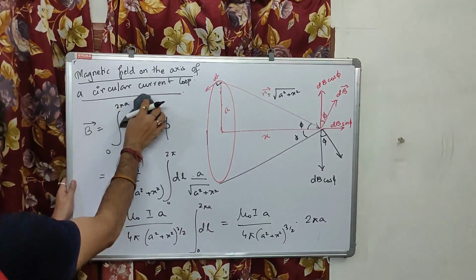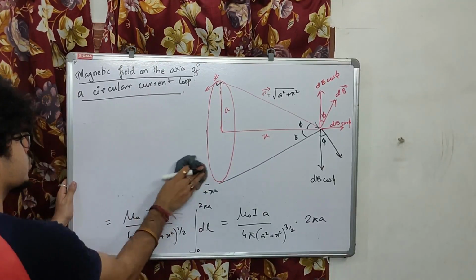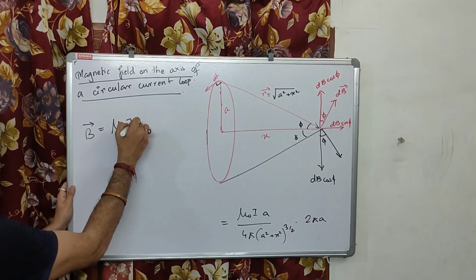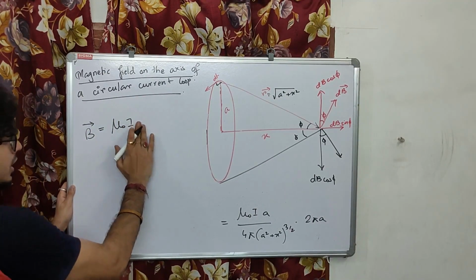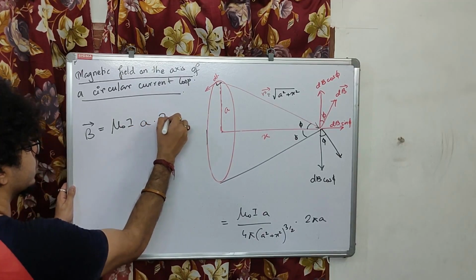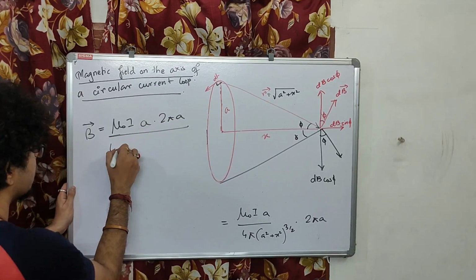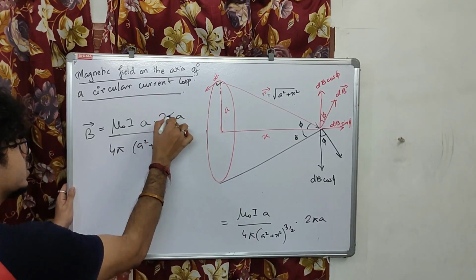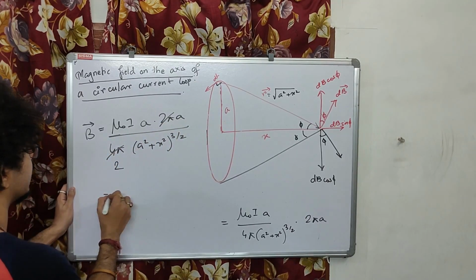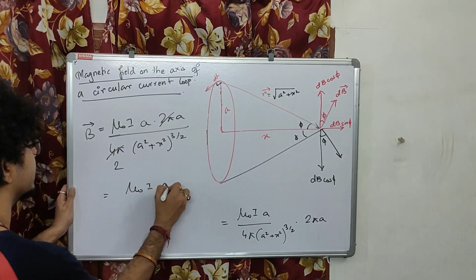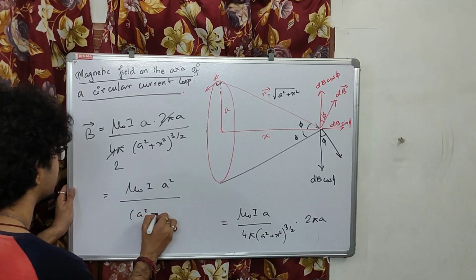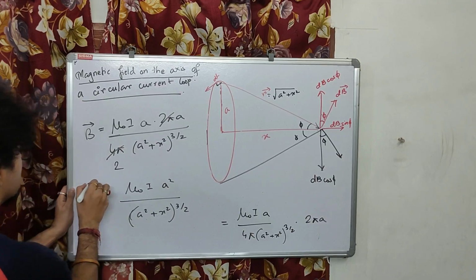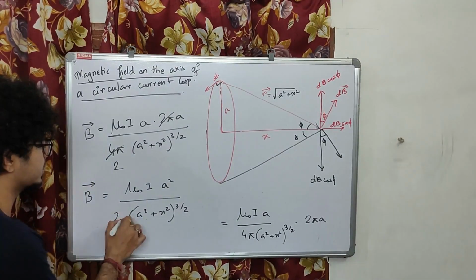So now the actual value of B comes to be mu naught I a into 2 pi a by 4 pi, a square plus x square to the power 3 by 2. Now this 2 pi cancels, so ultimately we get mu naught I a square by 2, a square plus x square to the power 3 by 2. Got it? Clear? I have missed the 2 here.